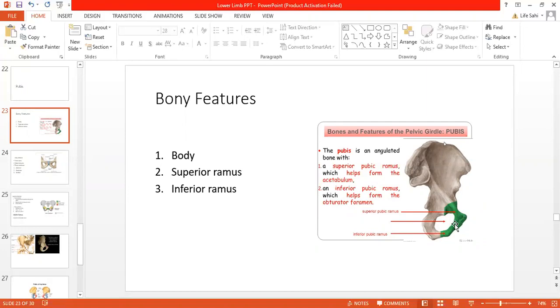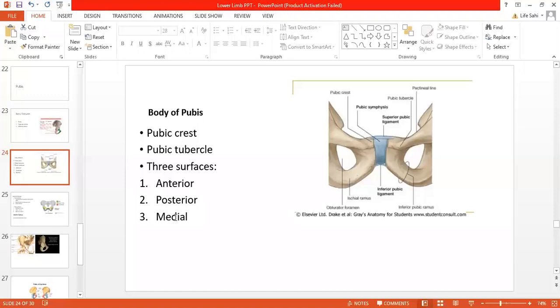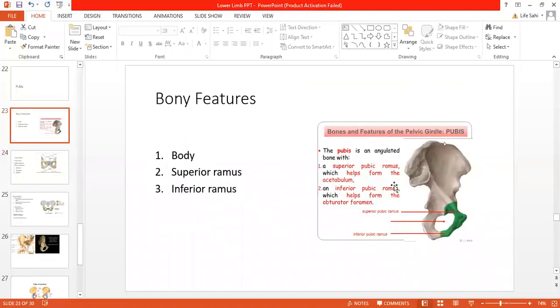Secondly, this surface is directed backwards and slightly upwards. And then we have a medial surface. Medial surface is slightly rough because it is going to form the symphysial joint with the symphysial surface or the medial surface of the body of pubis of the opposite hip bone.